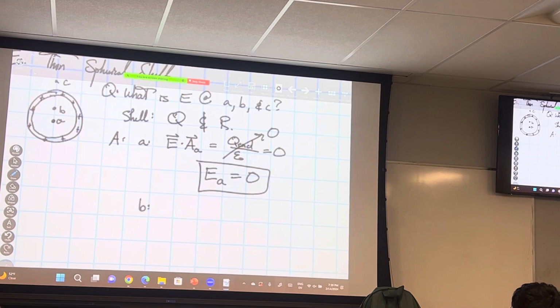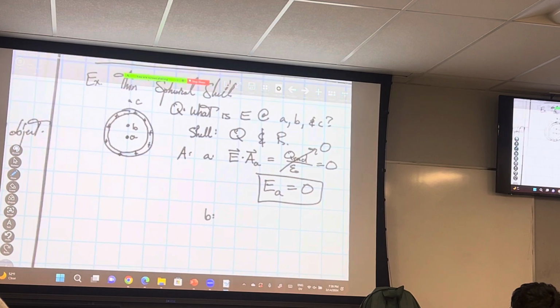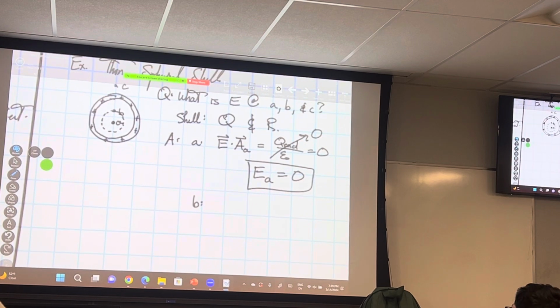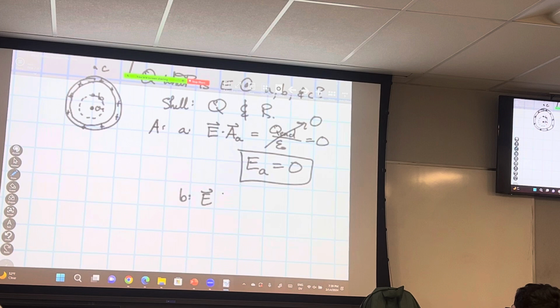What about for B? You would want to use a sphere that just touches B. And once again, what is the Q that's enclosed there?